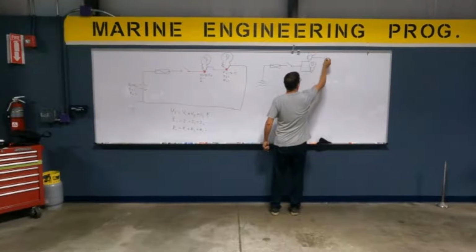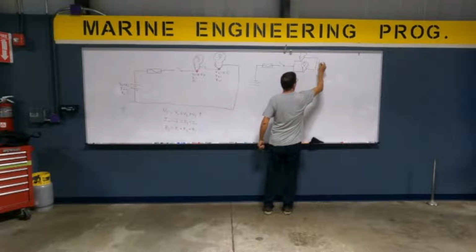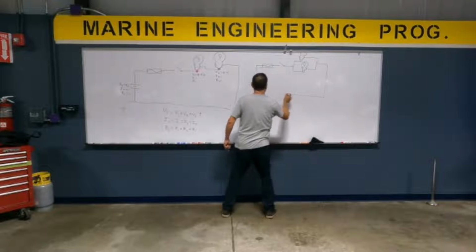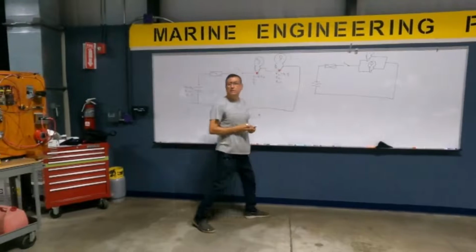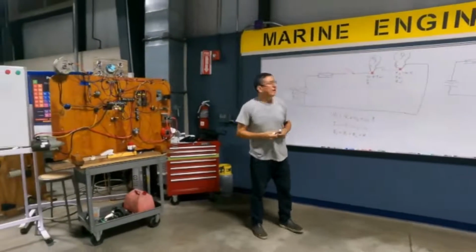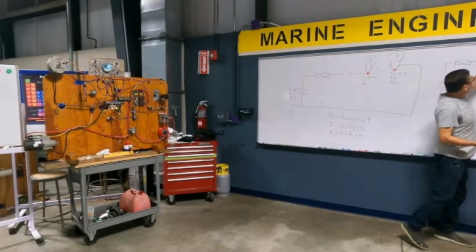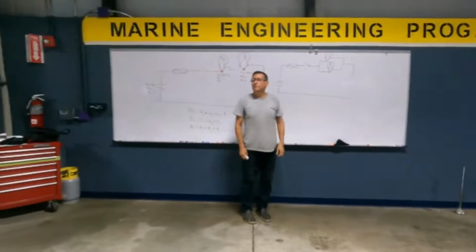After that, this is the negative, and I return to here. This is parallel, no? I have one light bulb here and the other light bulb here.